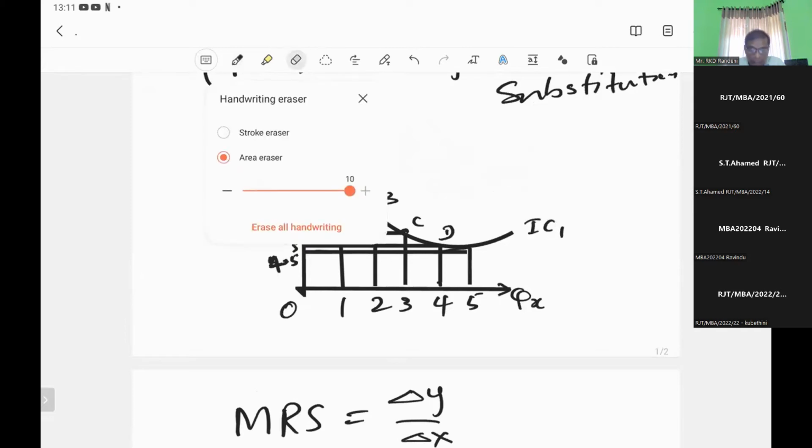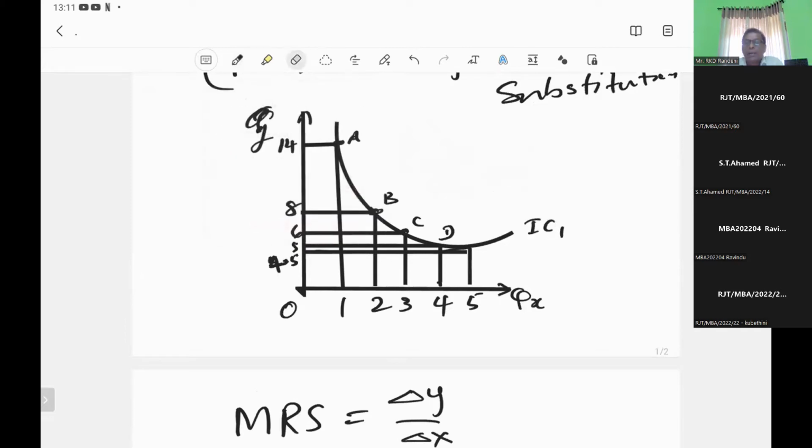Now you can calculate the MRS from A to B, not B to A, never. It is left to right downwards. That is also a rule, right?